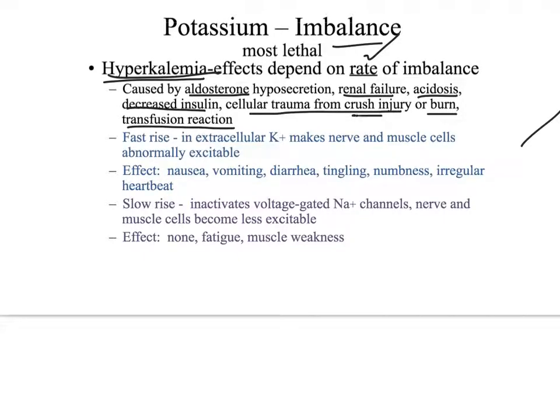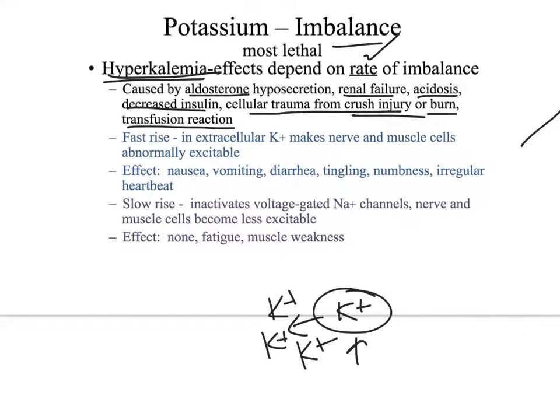So crush injury. If someone is in an accident, like a construction accident, and a heavy piece of equipment falls on them, the cells are crushed. Normally there's lots of potassium inside the cells. When they lift the piece of machinery off, the potassium is released too fast into the interstitial fluid.